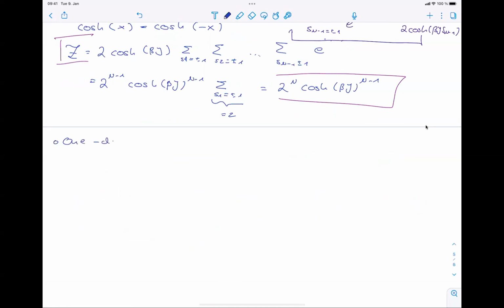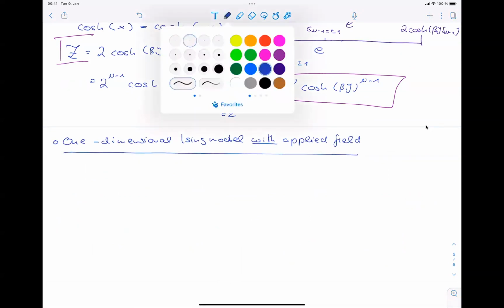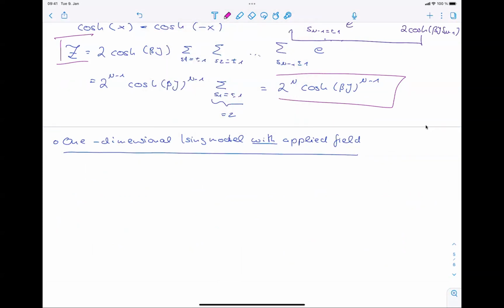So now we turn to the one-dimensional Ising model with an external field. Here the first powerful tool comes into play, namely the transfer matrix approach.